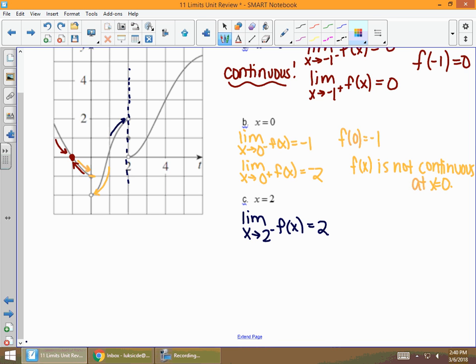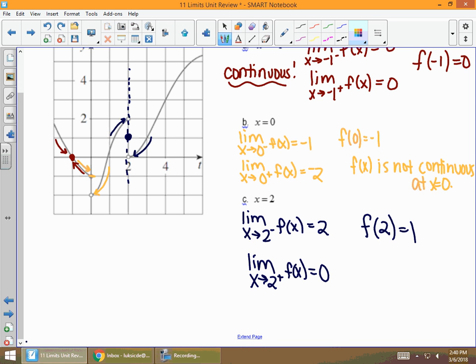is 2. My right-hand limit, we're going to 0. And my actual value at that point, f of 2, is 1.